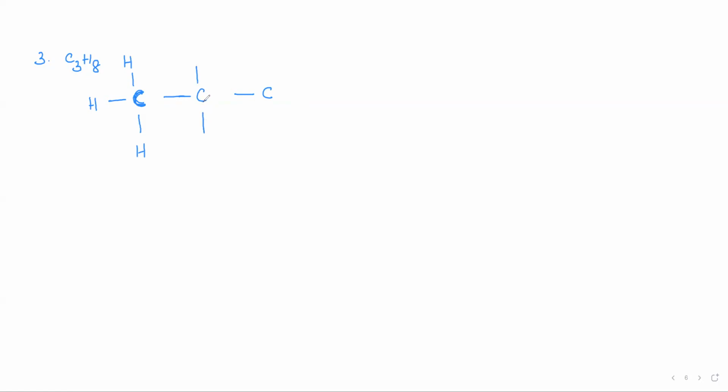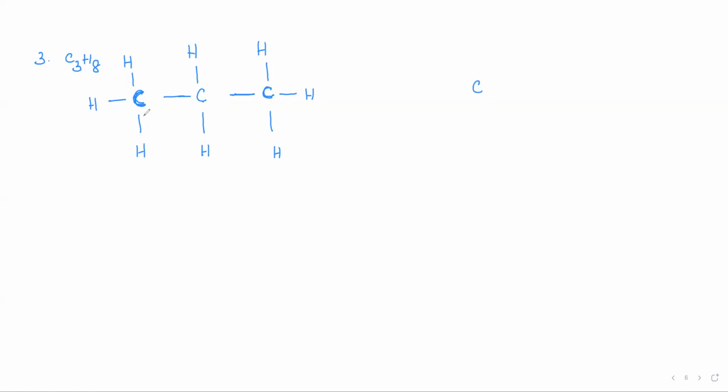Second carbon, or the middle carbon, is already bonded with the 2 other carbons, so I need to draw only 2 more hydrogens on it. Carbon is tetravalent. Carbon cannot form more than 4 bonds. Last carbon, 1 bond is formed, so we need to represent 3 more bonds on it. So this becomes CH3, CH2, CH3. This is the branched structural formula.